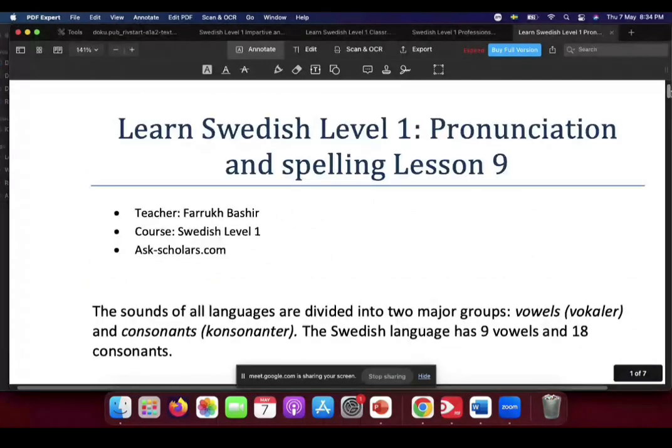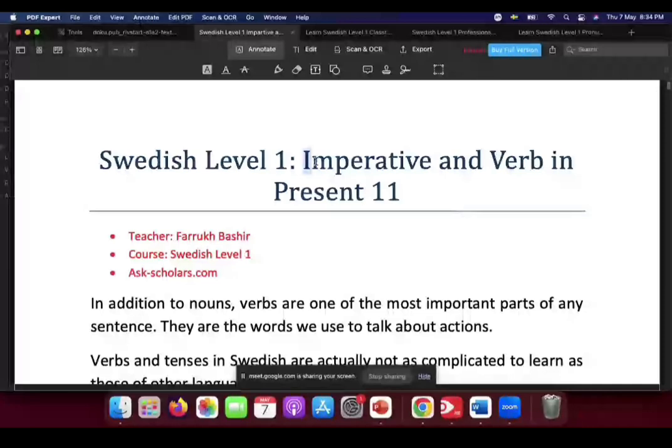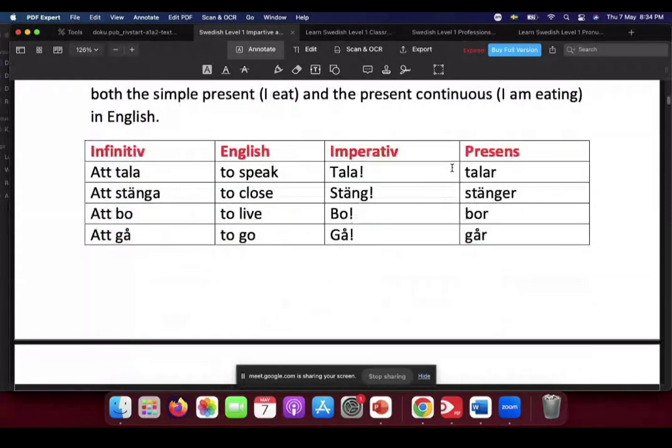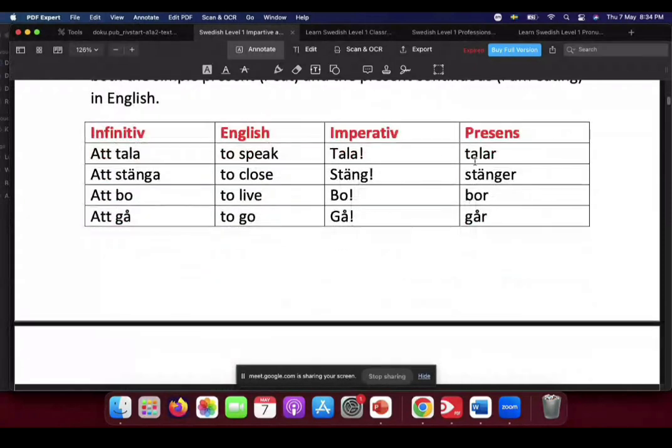So then we can start today with lesson number 11. That is about how to make present tense basically. So we will focus on these four groups. First group we'll call the AR group, like kalla. Second is the ER group, like stanger. We will find a few verbs that end on ER. And then we will find also short verbs.